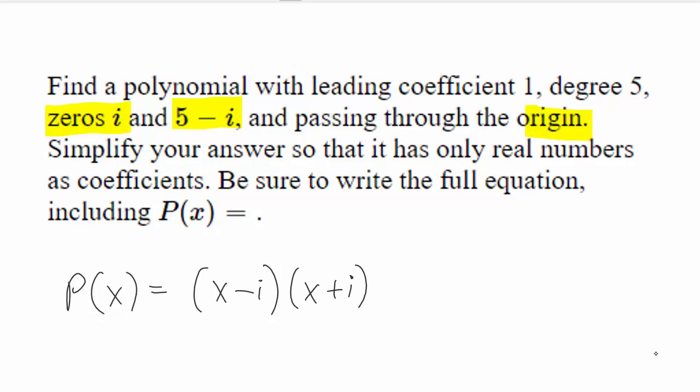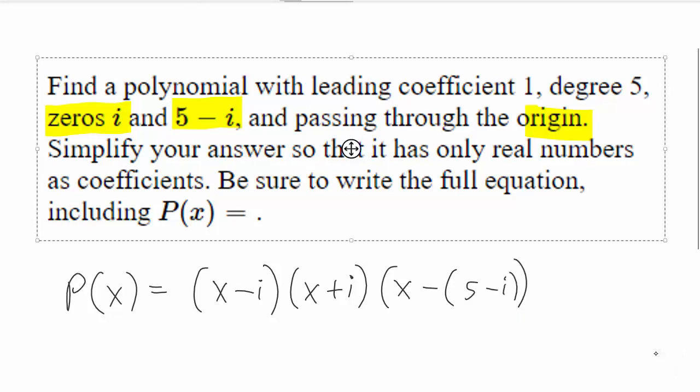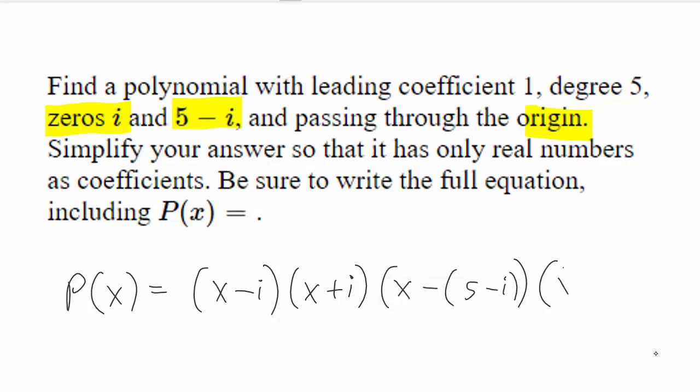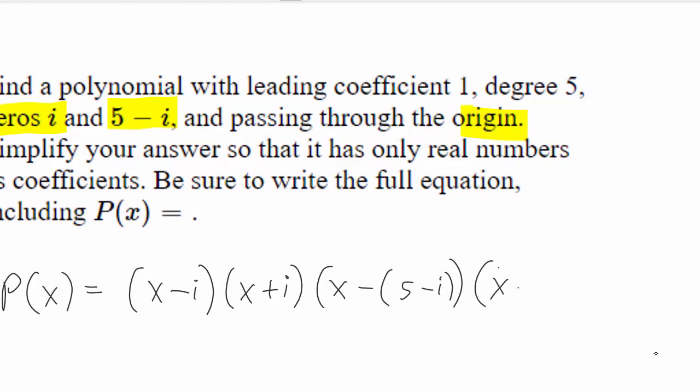Now, for the second root, the 5 minus i, remember, it's always minus our root. So if we're going to have 5 minus i, that will give us x minus (5 minus i). Then our complex conjugate would be x minus (5 plus i), and that will give us our complex conjugate on that.